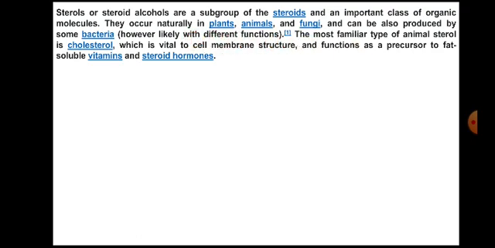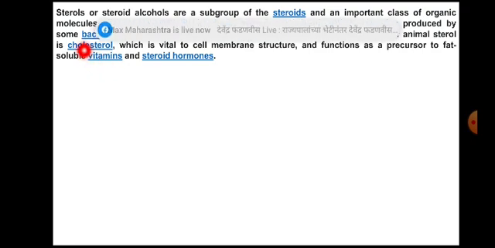The most familiar type of animal steroid is cholesterol, which is a vital component of the cell membrane, and it is also important in its role as a precursor to fat soluble vitamins and steroid hormones. What is the meaning of this? This means that vitamins, like vitamin D, are synthesized from cholesterol.